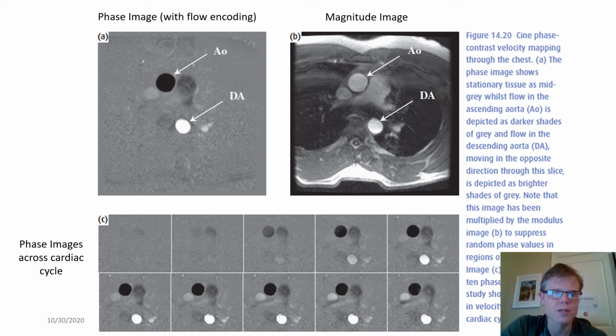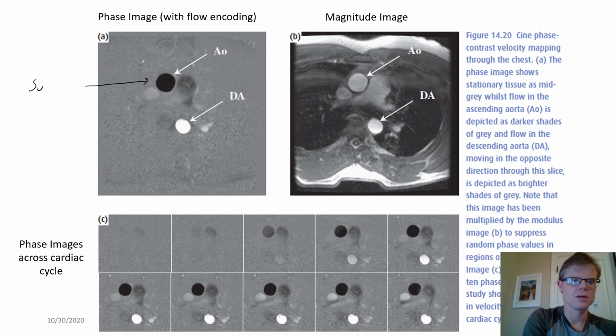And so what you can do with a technique called flow encoding is you can actually create image phase due to flow. And then what the contrast here represents, the black represents flow in the superior direction, excuse me.